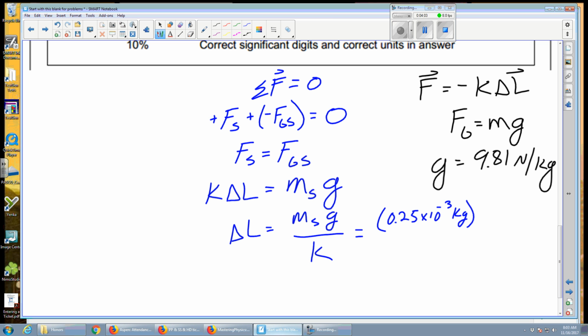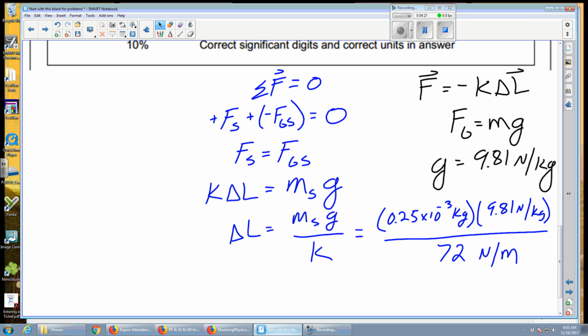I have to use base units since g is in newtons per kilogram. Over my k, which is given to me, 72 newtons per meter. That leaves me with an answer in meters.